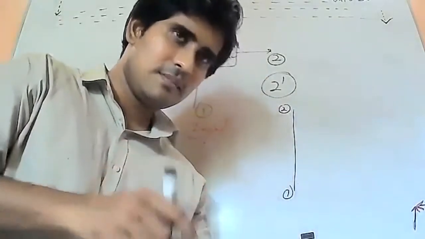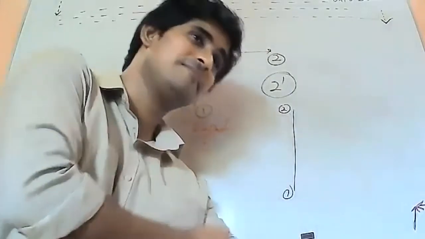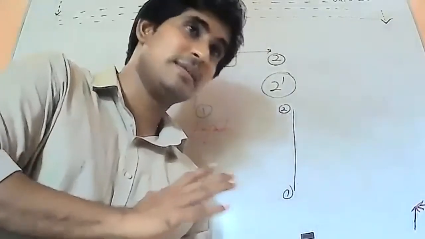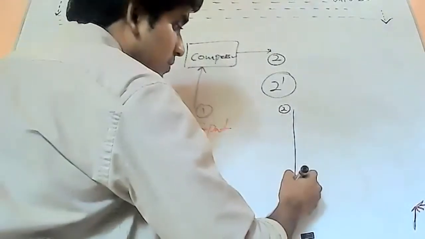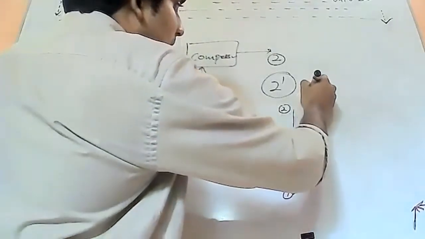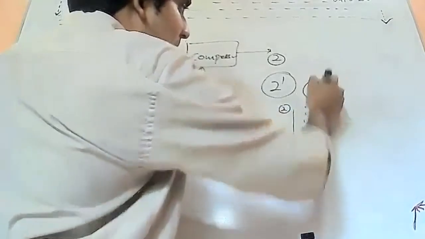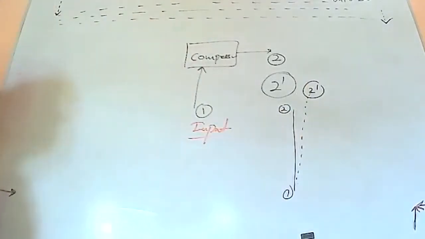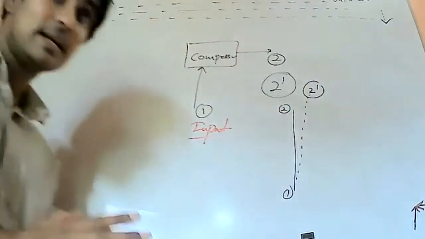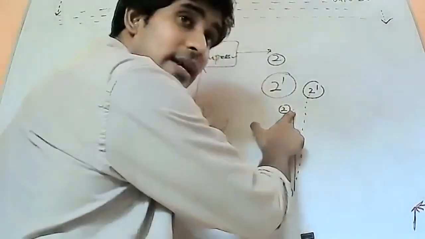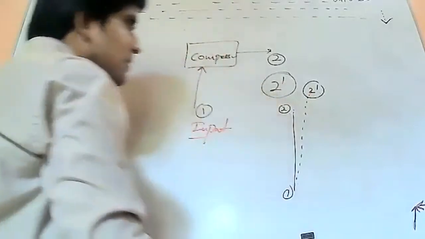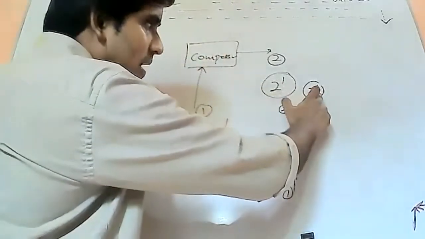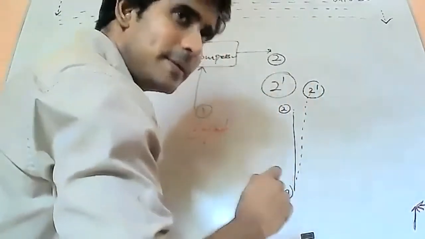Okay, but because of this efficiency, it will not be the same. It would be somewhere here, 2 dash. Okay, understand? This is the ideal scenario and this is the real scenario, 2 dash. So now you can observe the value at 2 dash is a bit higher.